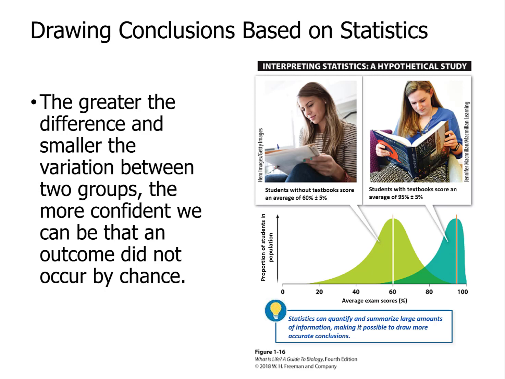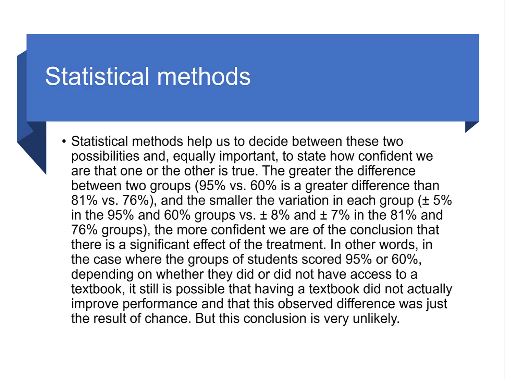Drawing conclusions based on statistics, the greater the difference and smaller the variations between the groups, the more confident we are. So we can see a wide distribution, or you see a sort of a lopsided type. And so statistics can quantify and summarize large amounts of information, making it easier to draw conclusions and more accurate ones too.